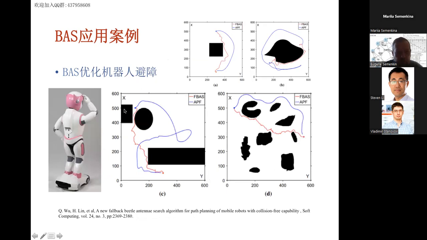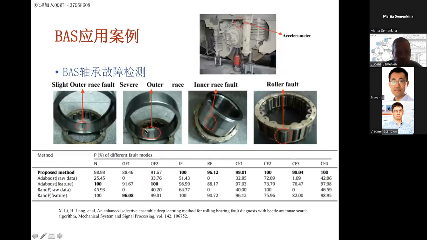This is the BAS application for path planning. This is a bearing. For bearings, there is a developing domain, which is predictive maintenance, in the sense that there are some mechanical structures which have this kind of bearing.